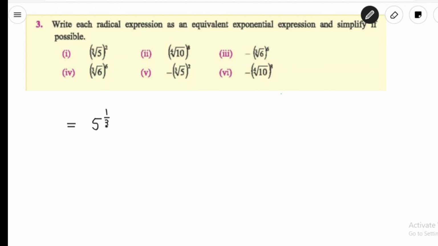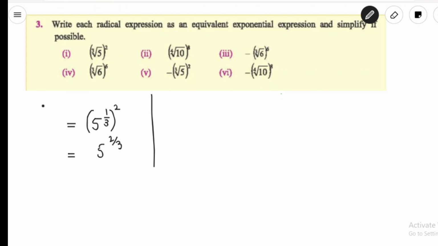It's the cube root, so it's 1 over 3, and this whole thing is raised to the power 2. And we do know the rule of indices: when you have two exponents, one inside the bracket and one outside, they are multiplied and it becomes 5 raised to the power 2 over 3. So that is simply the exponential expression, and it cannot be simplified further.